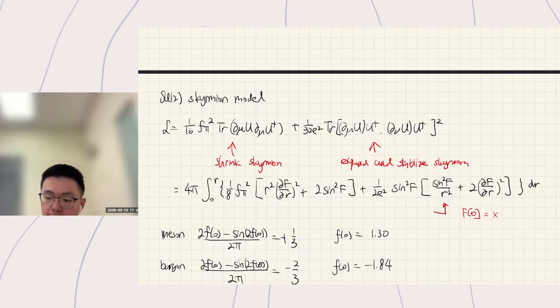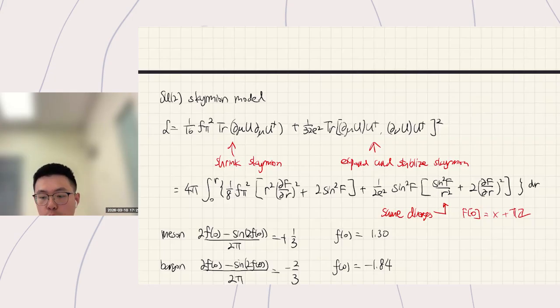So the divergence that appears here is always the same for the same boundary conditions. That's why if you compute two skyrmions of different baryon numbers, but with the same boundary conditions, their energy difference is some finite number.